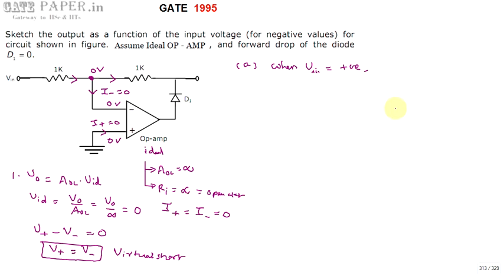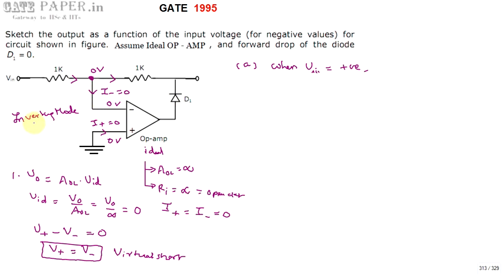When V input is positive, this op amp is connected in inverting mode. Inverting mode is where the actual input signal is applied to the inverting terminal, that is, V input is connected to the inverting terminal. This op amp is configured as an inverting mode op amp.